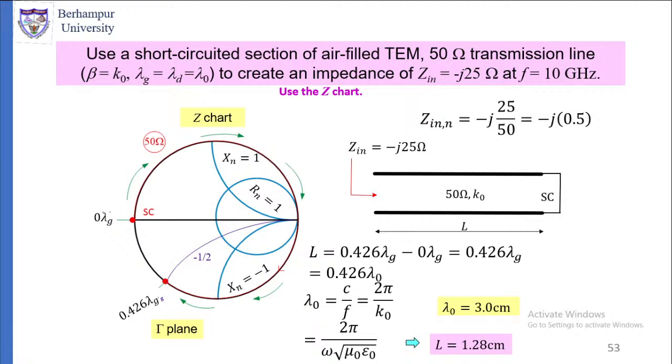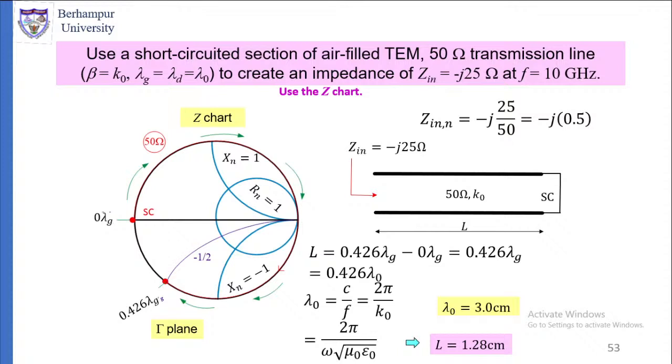First, locate normalized Zin, and locate the short circuited point. So first locate the short circuited point, that is the red dot written SC, 0 lambda G. Then from there we have to move and find out where Zin is equal to minus J 0.5.